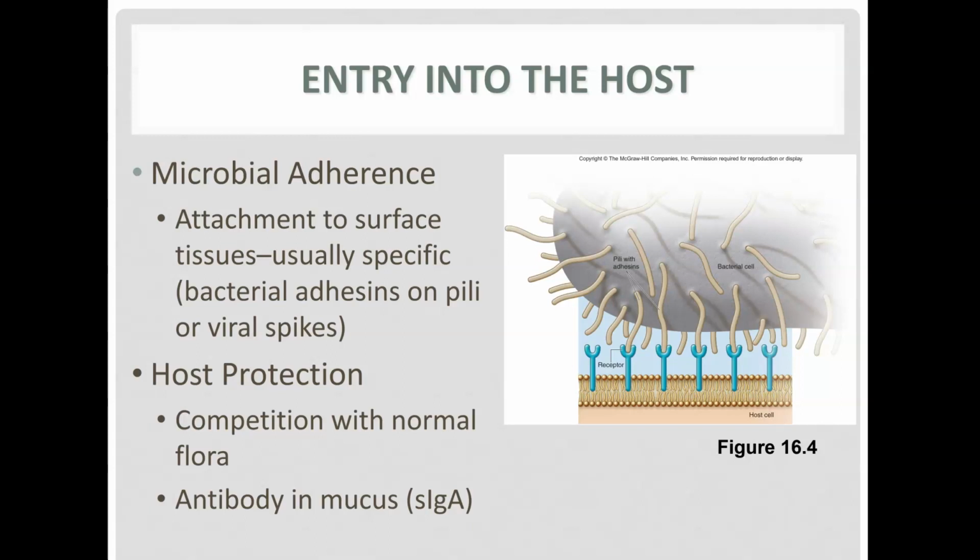In other words, it can hang on to specific tissues in our urogenital tract. So the type of pili and the type of adhesins attached to that pili can be considered a pathogenicity factor for bacteria. In other words, it allows them to grab on and hang on to these epithelial tissues, whereas other bacteria might get washed away by our mucosa.